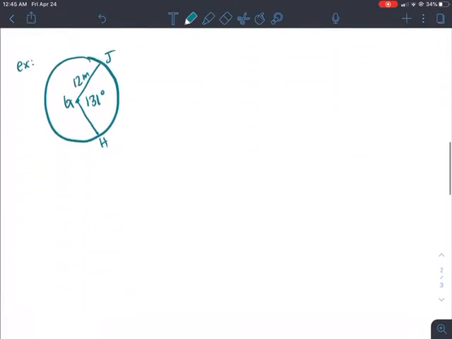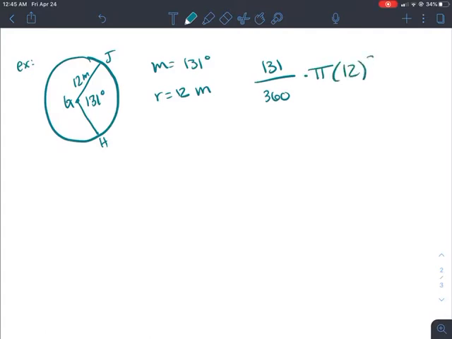And for our final example, our M is equal to 131 degrees and our r is equal to 12 meters. So we're going to do 131 over 360 times pi 12 squared. 131 over 360 is difficult to reduce, so if you're me, you just do 131 over 360 times 144 pi.